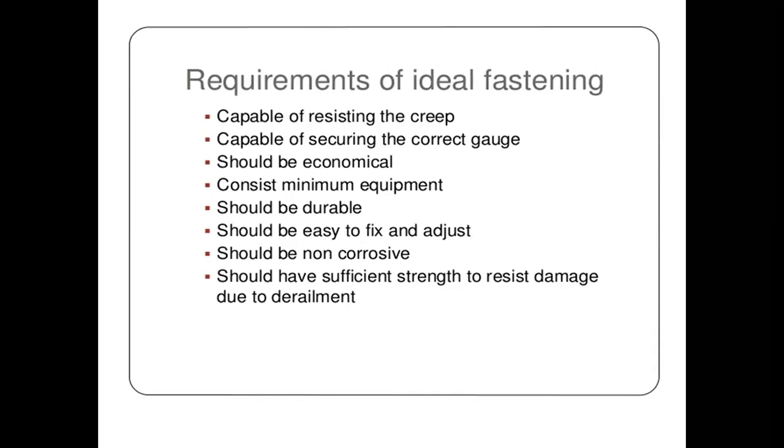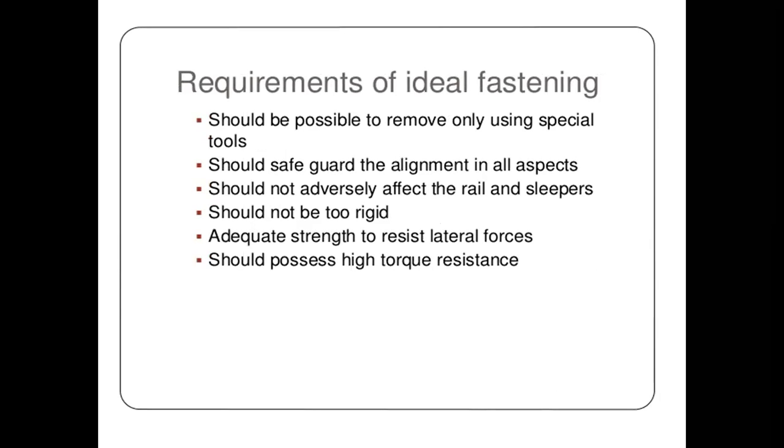They can have sufficient strength to withhold the positioning of the rail and the sleeper. It should be possible to remove them only using special tools. These should safeguard the alignment in all aspects.